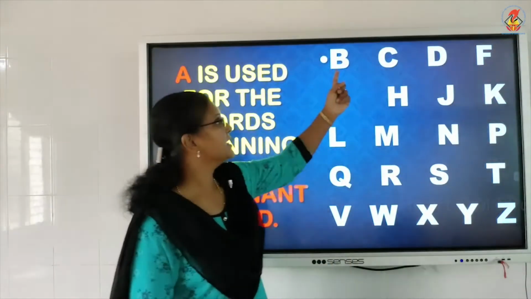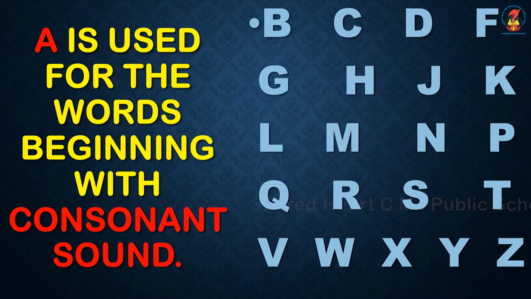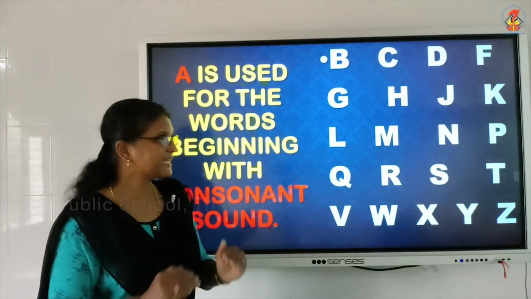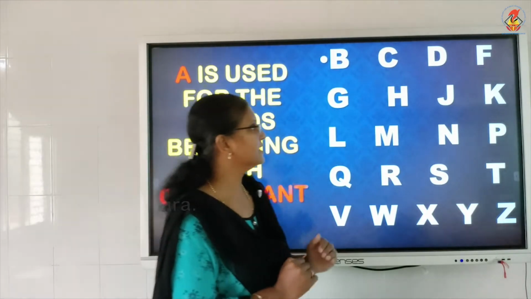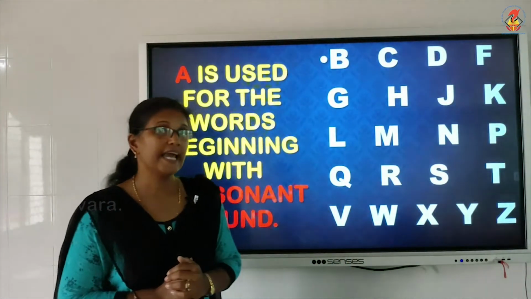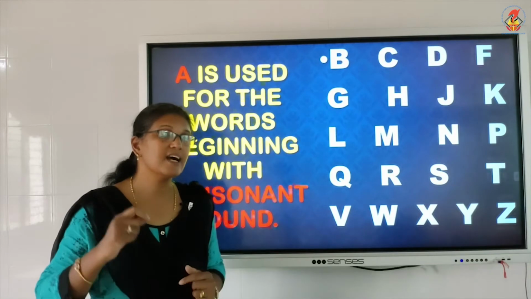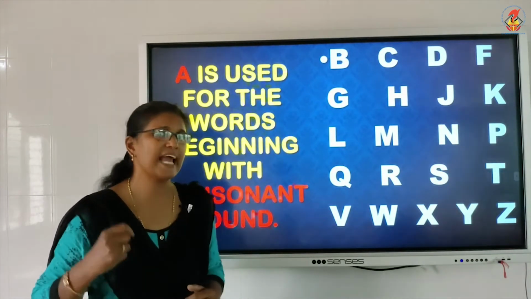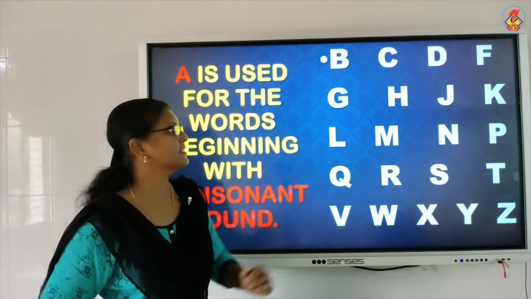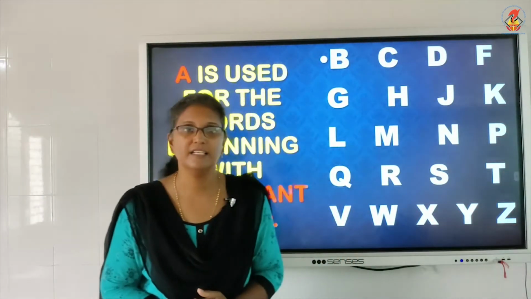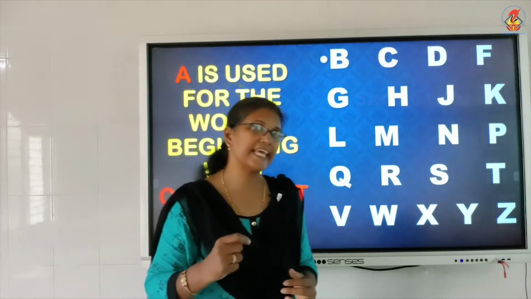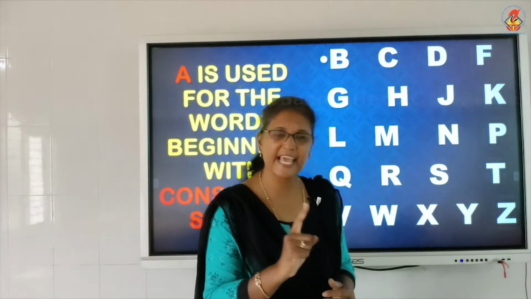The consonants are B, C, D, F, G, H, J, K, L, M, N, P, Q, R, S, T, V, W, X, Y and Z. So, for example, if you have the word hut, H-U-T, hut, you will say a hut. You will not say an hut, you will say a hut. J, jar, J-A-R, jar, you will say a jar. You will not say an jar.